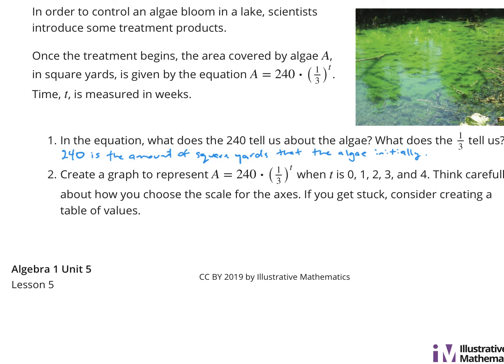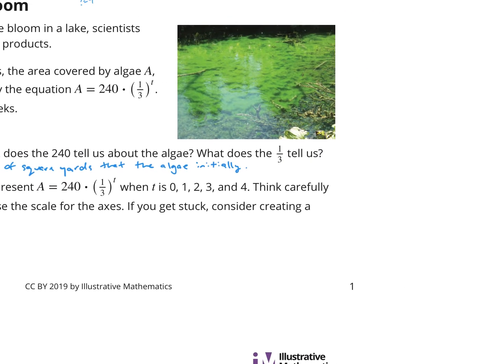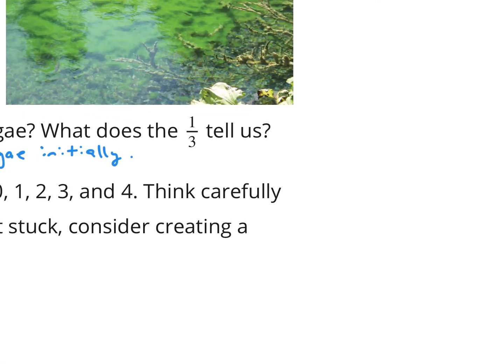The 1/3, this is our growth factor or decay factor. And this tells us that the area covered a week later is 1/3 the previous week. So the area covered is 1/3 of the area covered the previous week.